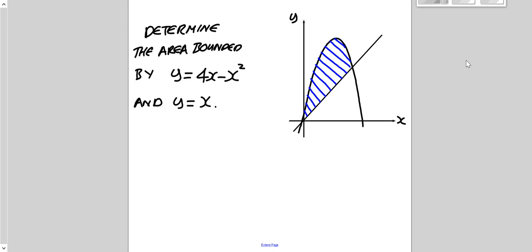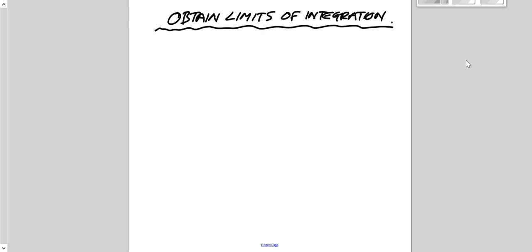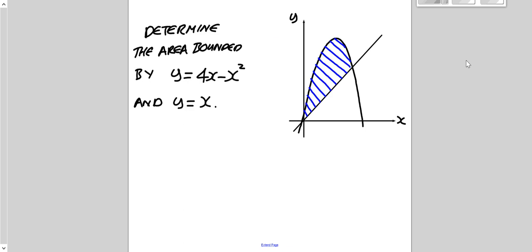So going through this, we need the extreme points of contact, the extreme left point of contact and extreme right point of contact. These are called the limits of integration. So they're saying equate the curves there. Equating the curves here means 4x take away x squared and x.